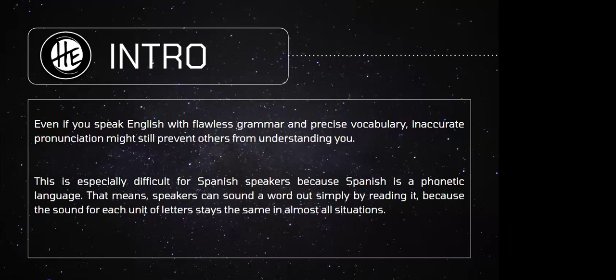This is especially difficult for Spanish speakers because Spanish is a phonetic language. That means a speaker can sound a word out simple by reading it because the sound for each unit of letter stays the same in almost all situations.